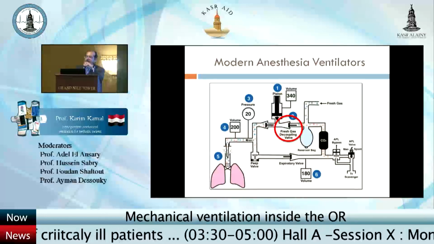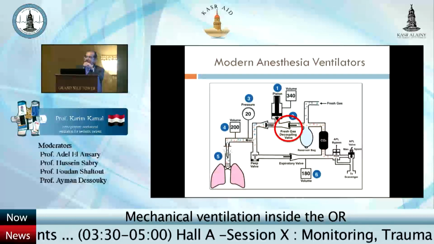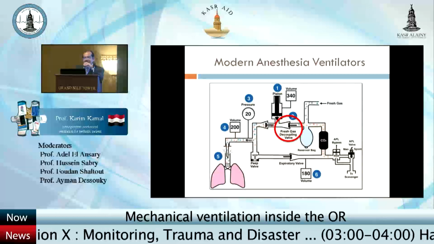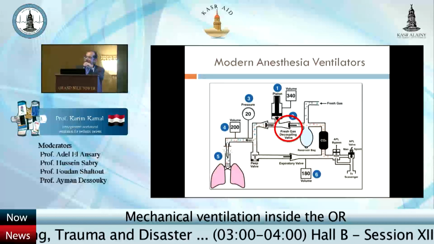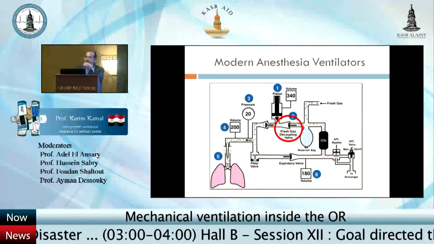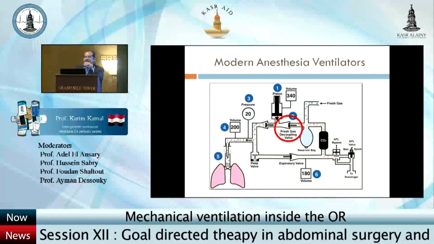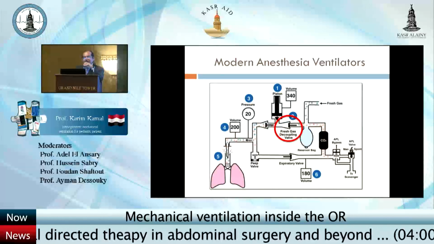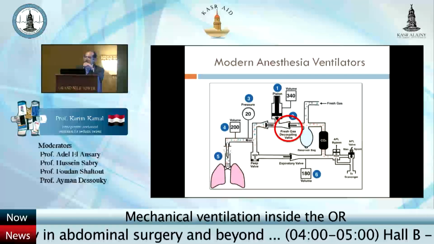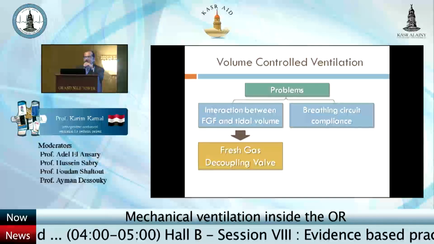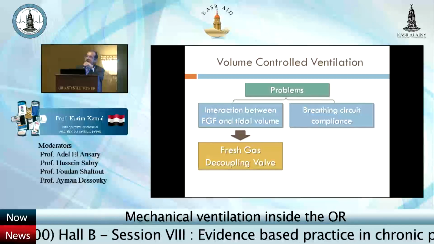This is a valve that closes during inspiration, and therefore it prevents any mixing between the fresh gas flow and the tidal volume delivered to the patient. So there is no more interaction between fresh gas flow and the tidal volume. This was the answer to the first problem, fresh gas decoupling valve.